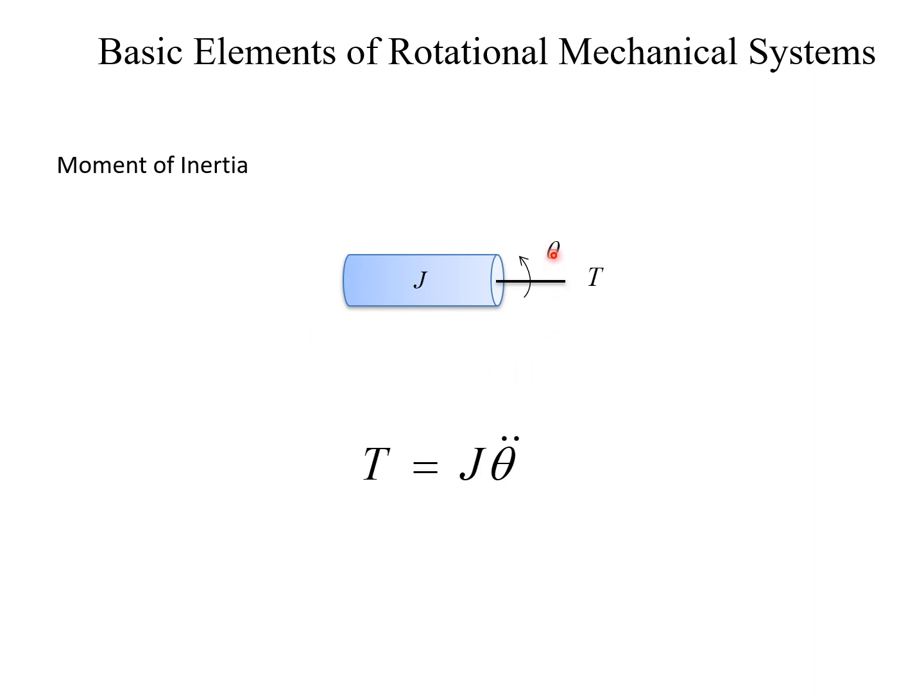So here you see only one displacement, that is theta, and the resultant torque T is equal to J into d square theta by dt square, where theta is the angular displacement. This d square theta by dt square is the value multiplied with the inertia element to represent the angular torque appearing here.